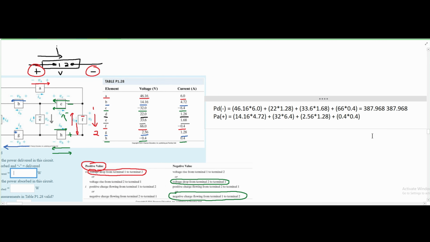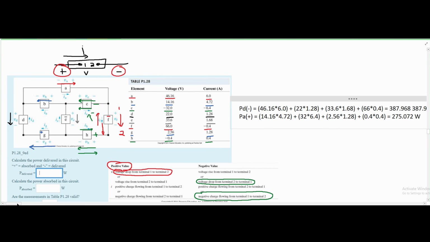And this is going to be in watts because we have voltage times amps, and this equals a watt. If we plug in this lower part, which is PA or P absorbed, we're going to get the value 275.072 watts. And so this is the answer to the first part.